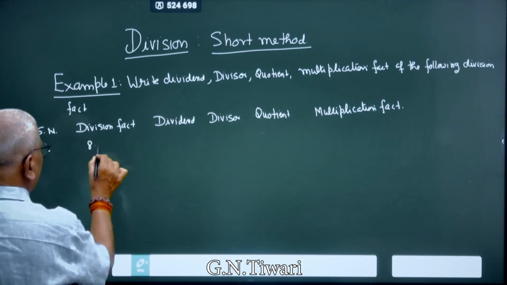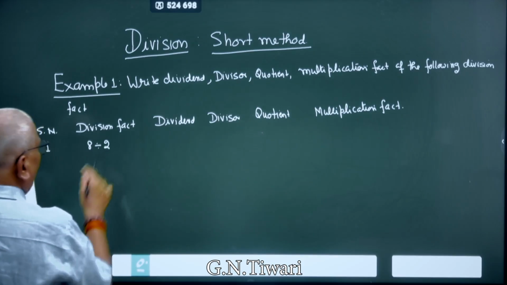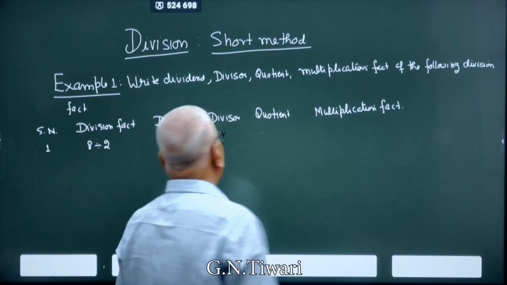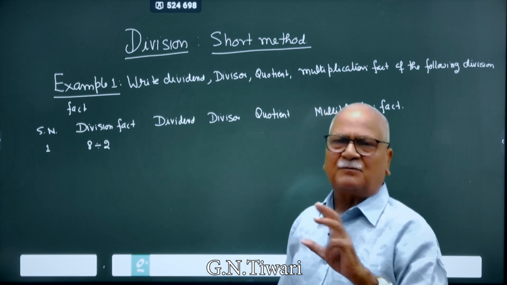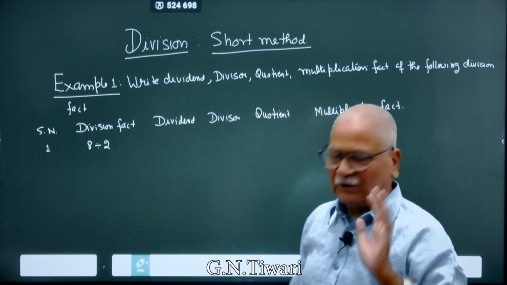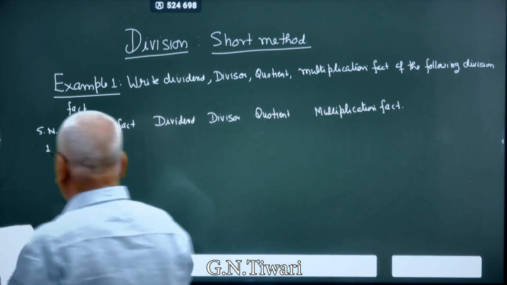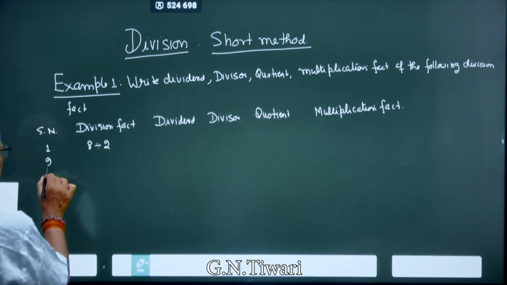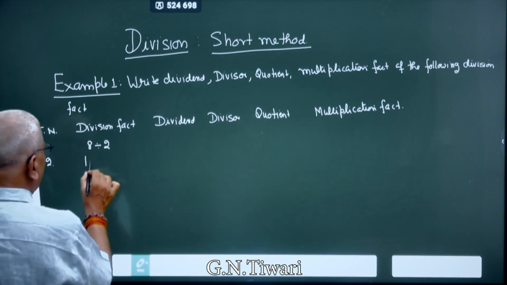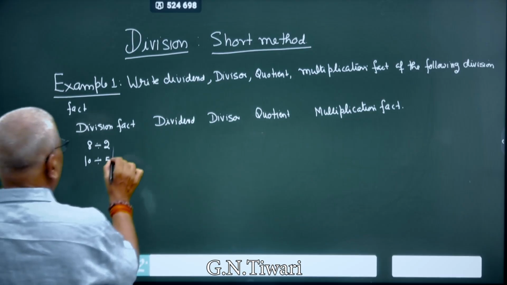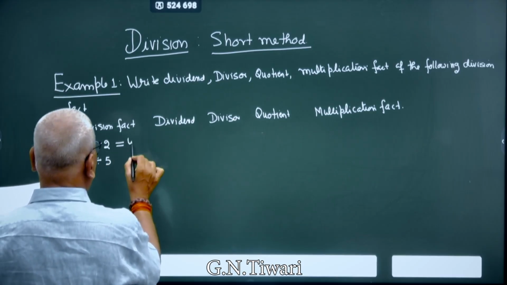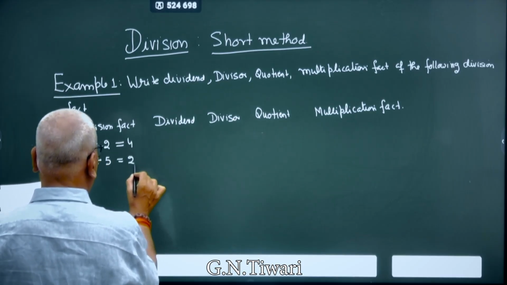8 divided by 2. Why is it called short method? Because it is one digit or maximum 2 digits of low value. Then second, 10 by 5, this is equal to 2.